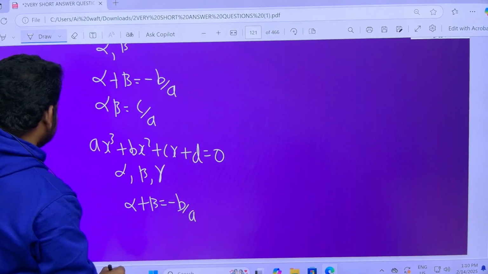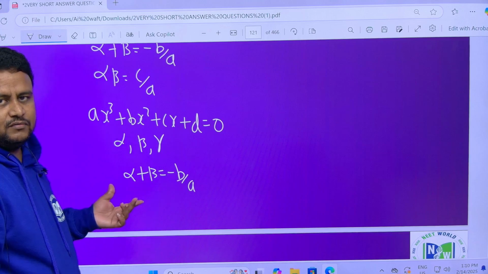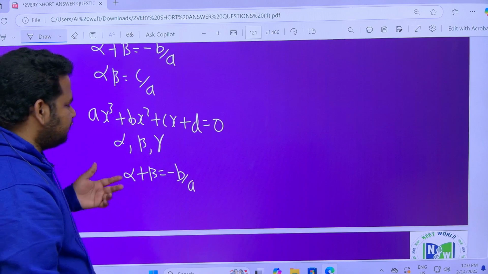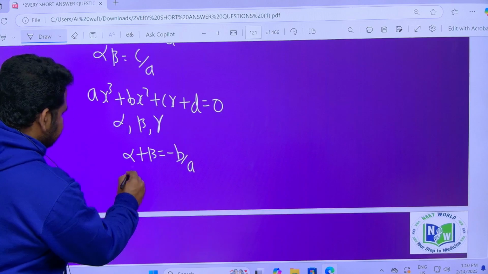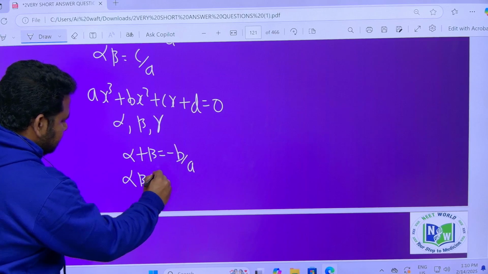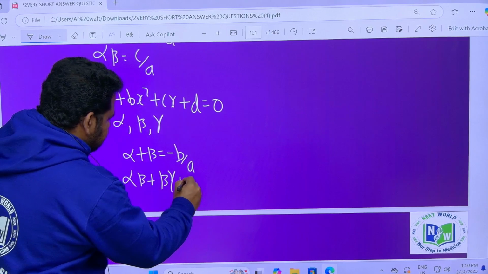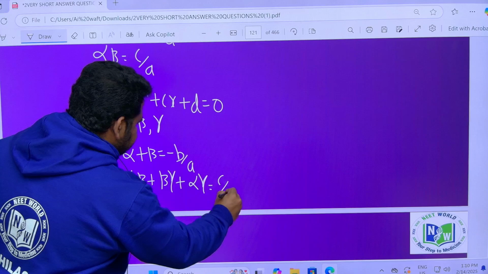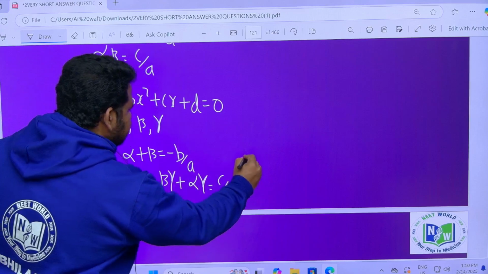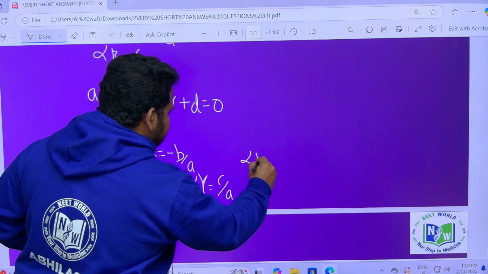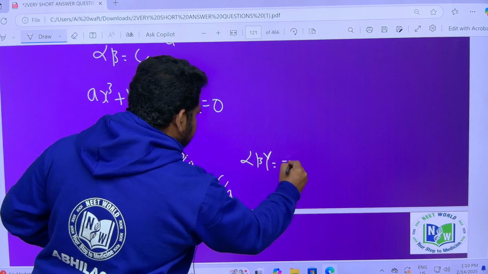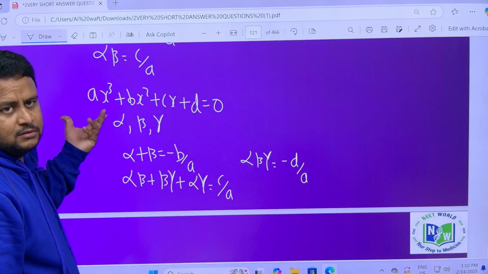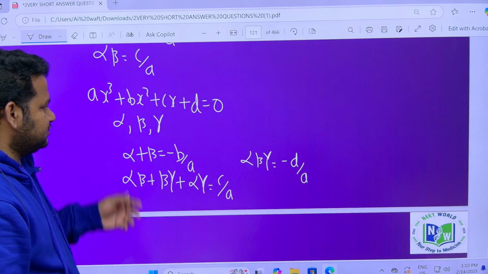Next, the summation of the product of 2 roots, that I can write as alpha beta plus beta gamma plus alpha gamma or gamma alpha, will be equal to c by a, and the product of all the 3 roots alpha beta gamma will be equal to minus d by a. Okay, this is for a cubic polynomial or cubic equation.